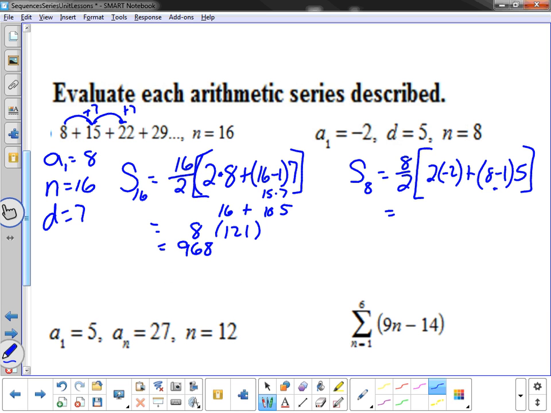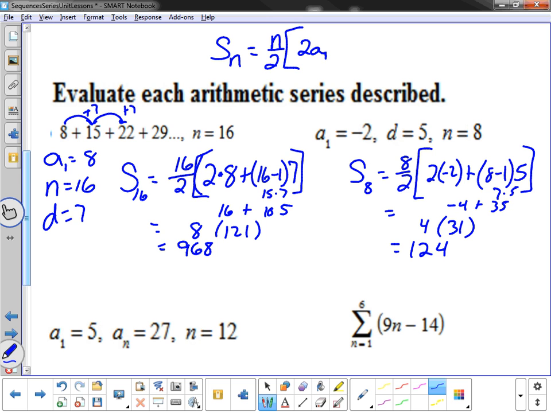So 8 minus 1 is 7. 7 times 5 is 35. 2 times negative 2 is negative 4. Add 35, I get 31. 8 divided by 2 is 4. 4 times 31 is 124. So on those two, I just used the formula that says S sub n is n over 2, bracket, 2 times the first term, plus n minus 1 times the common difference. I used that formula for those first two problems.